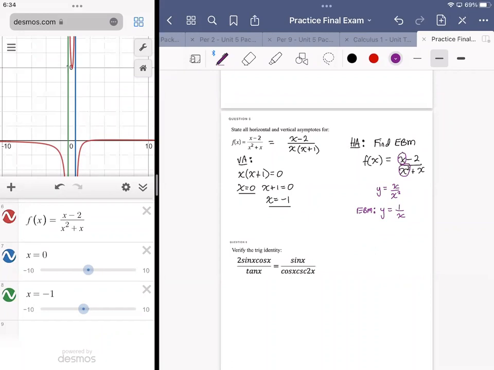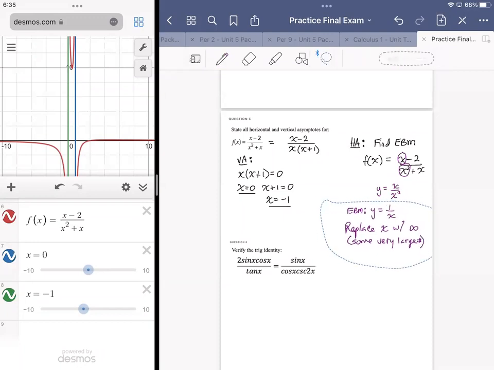So what we would do is replace x with, I'll say infinity, but really it's some very large number. There are other approaches for finding horizontal asymptotes, but this method is going to help you more for calculus.